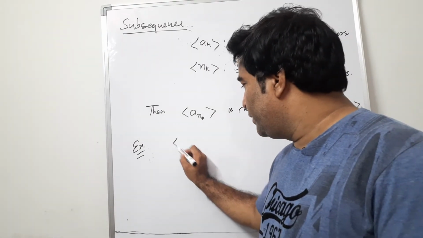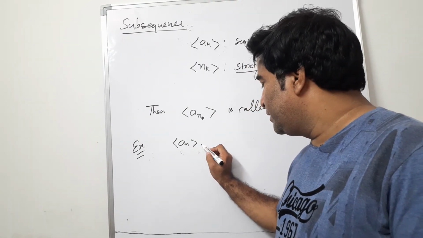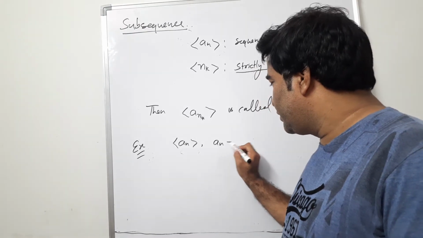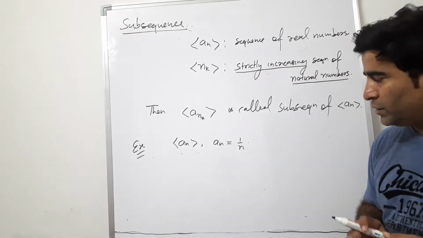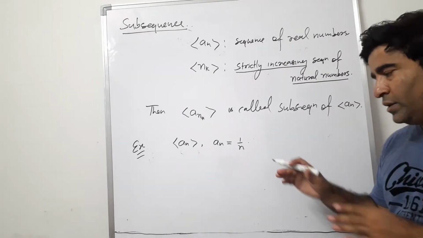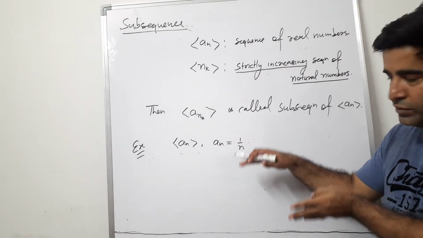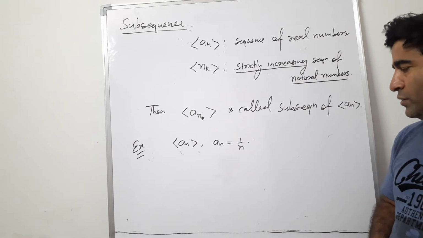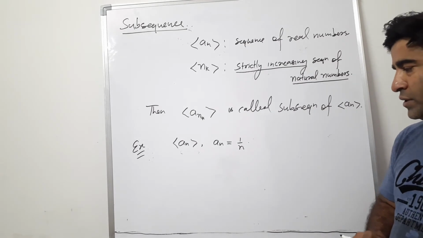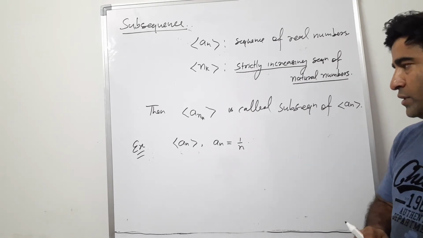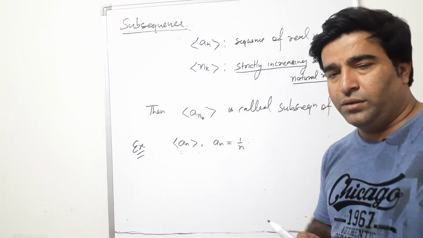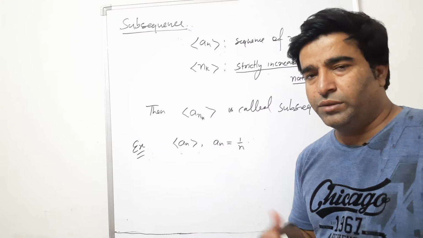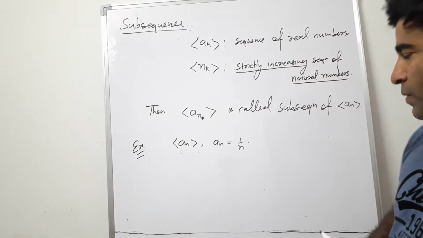Example: suppose that we have a sequence an where the nth term of the sequence is 1 by n, and here we will try to construct different subsequences of the given sequence. We can have more than one subsequence for a given sequence.